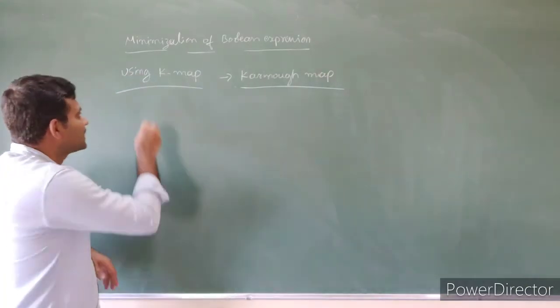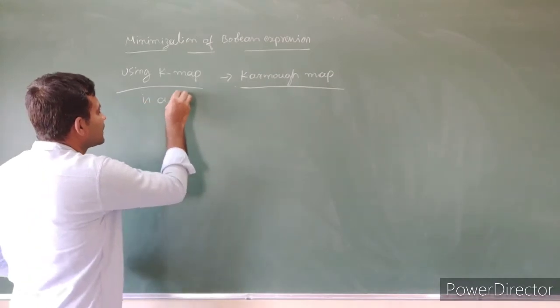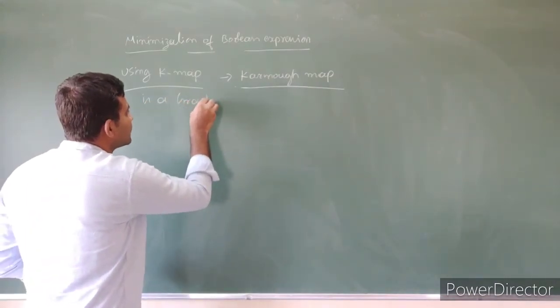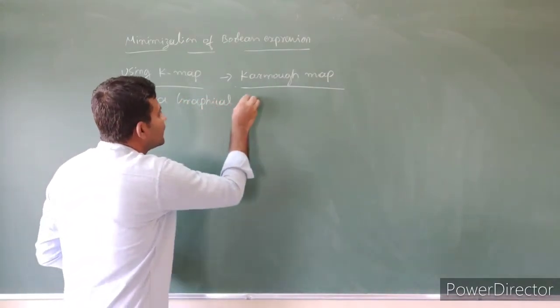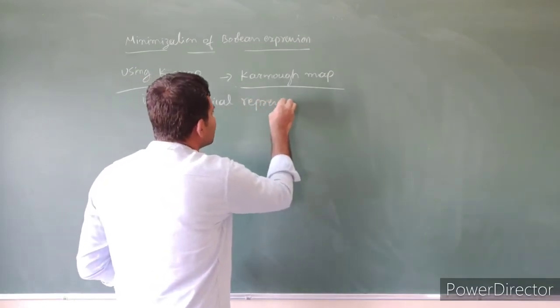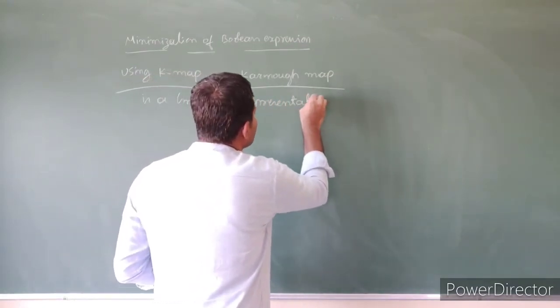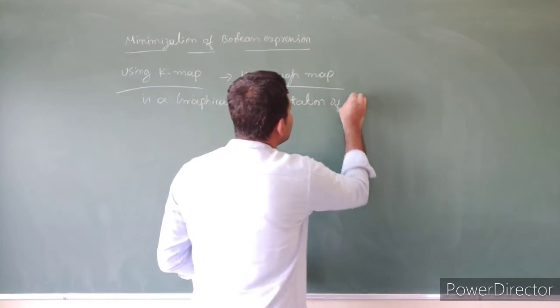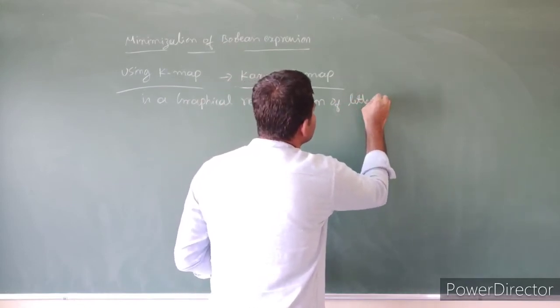K-map is a graphical representation of literals.